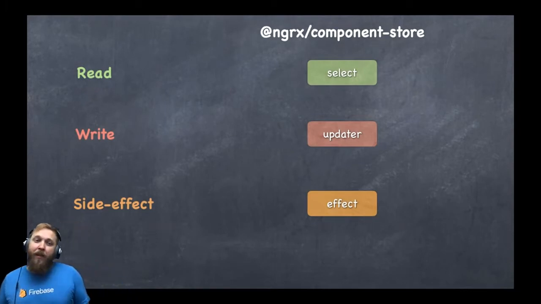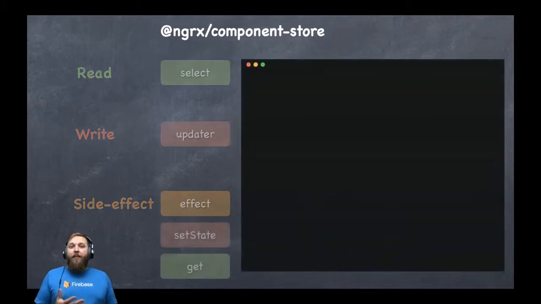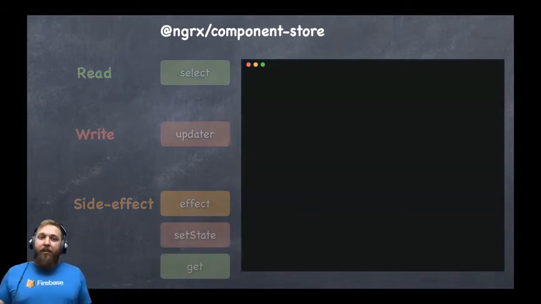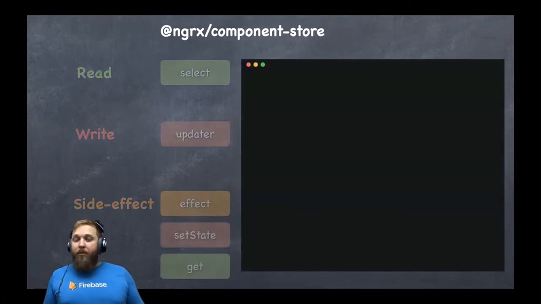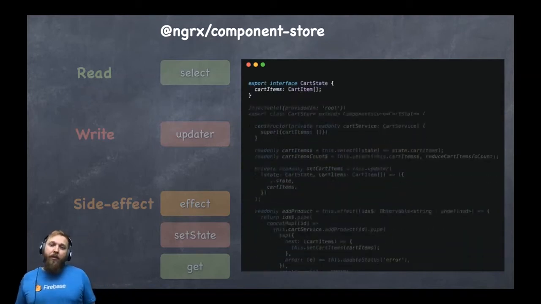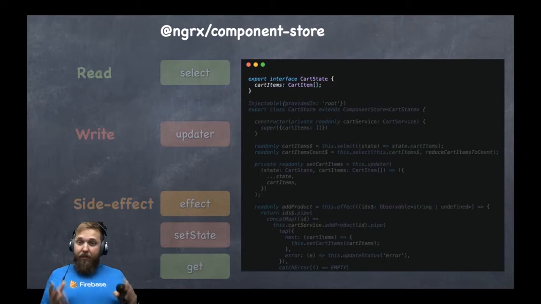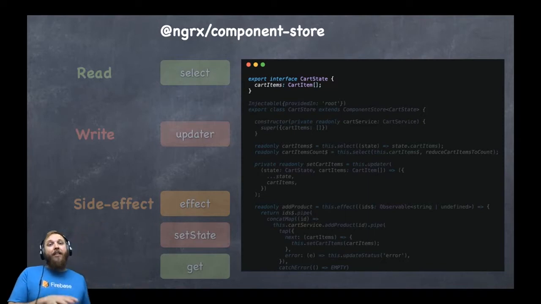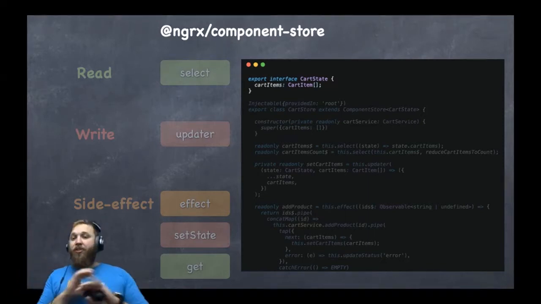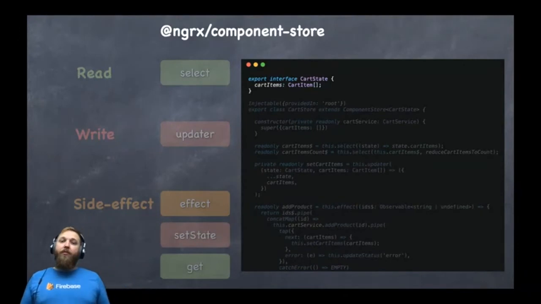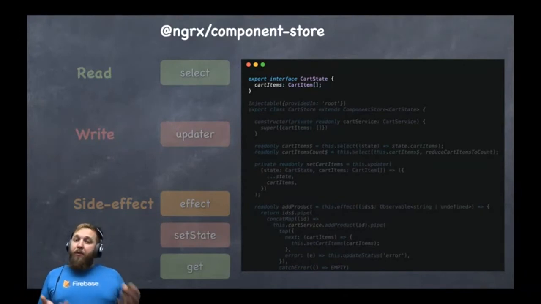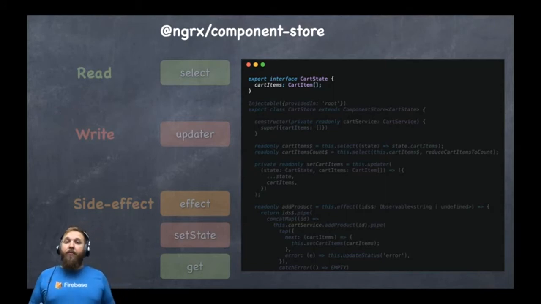Let's take a look at the typical example, how we would structure our component store. Well, component store would be replacing our stateful cart service. So we're getting the cart service back to stateless, where it was just a thin wrapper around the HTTP client. The first thing we'll do is define the interface that we work with. For example, this component store will contain the cart items, and it will work with them.